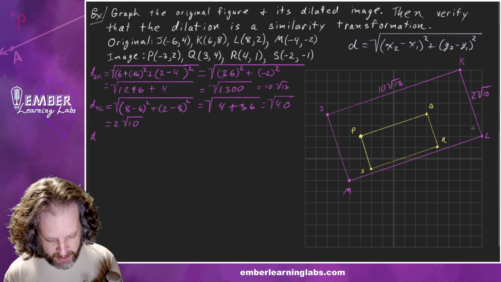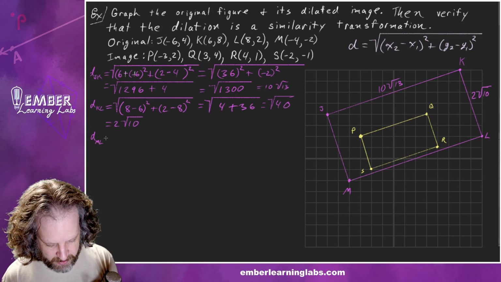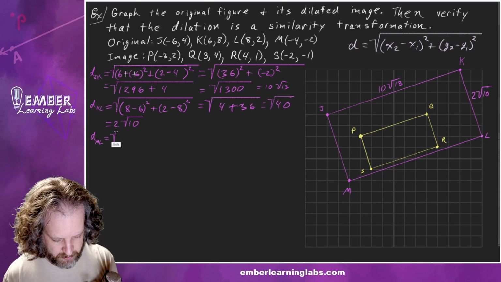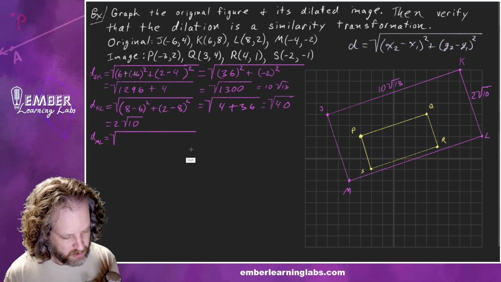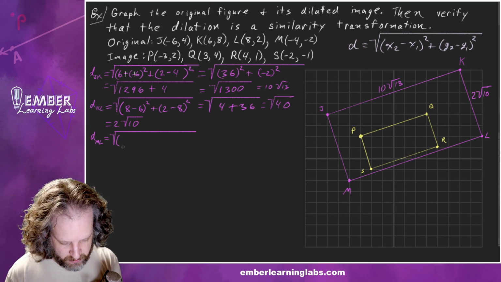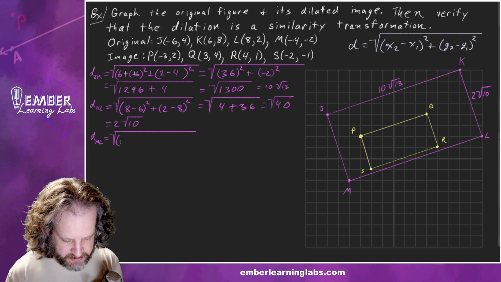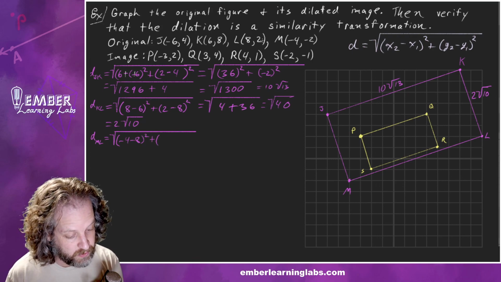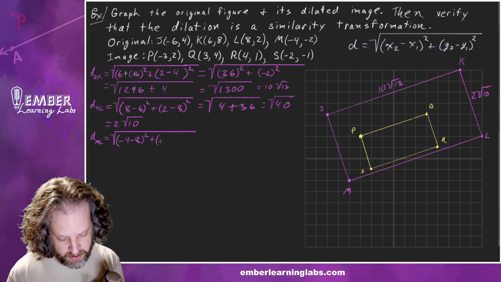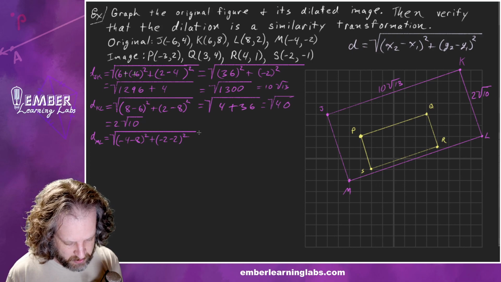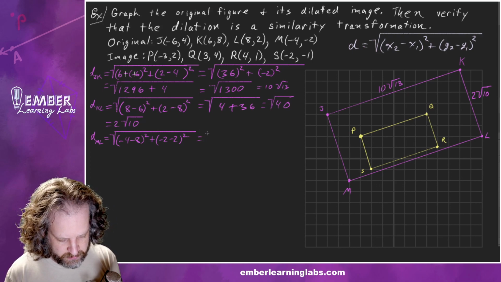Then for ML, the distance between M and L equals the square root of, M and L are these ones. So the x's first, negative 4 minus 8 squared, plus the y, so negative 2 minus 2. Get those in the right place. Negative 2 minus 2 squared equals.